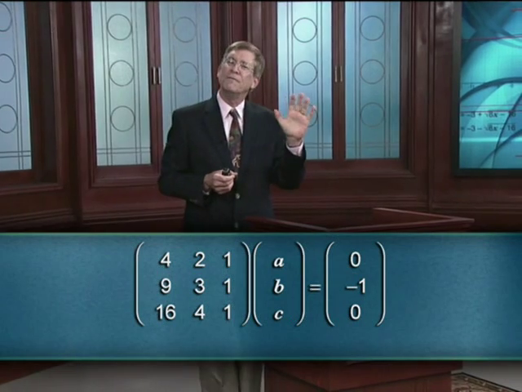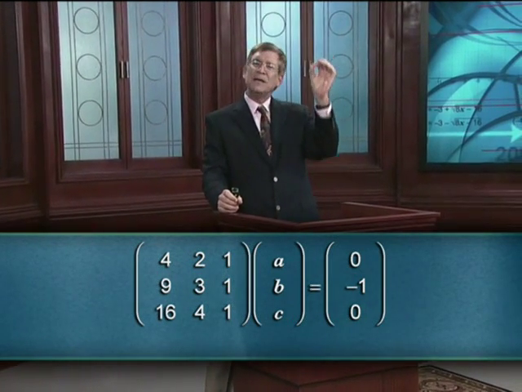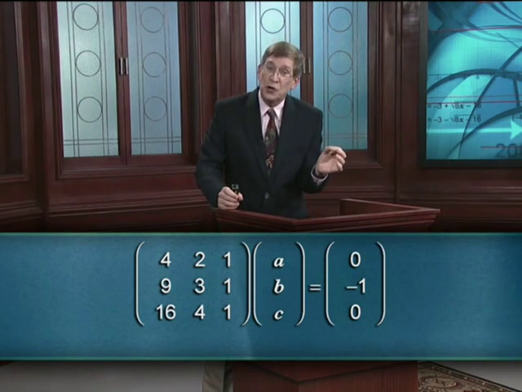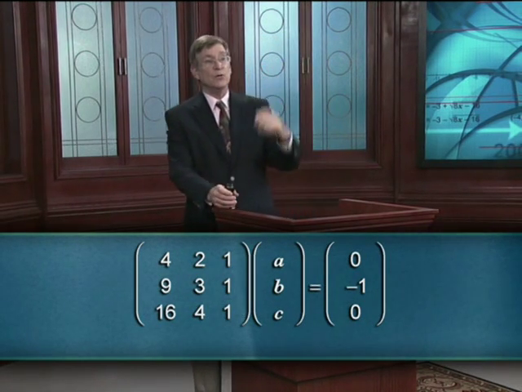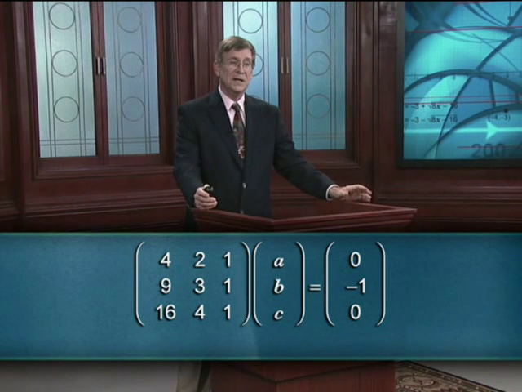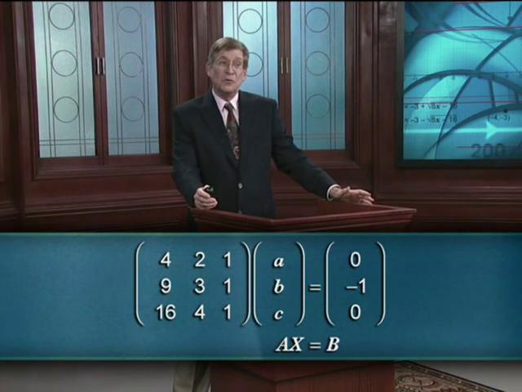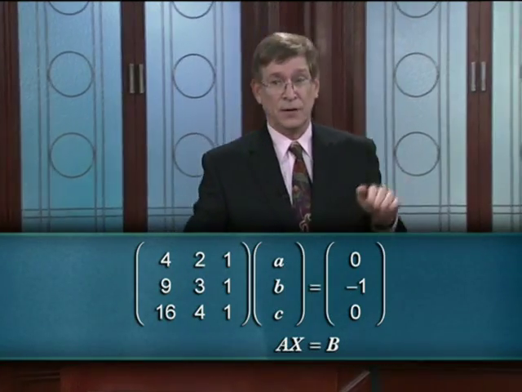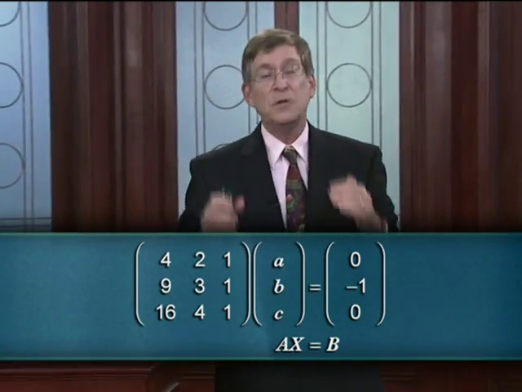Now, those are the coefficients. And then a, b, c represents the matrix of unknowns, and the right-hand side was 0, -1, 0. So the system would be AX equals B. And by the way, this is a way a lot of graphing calculators would accept the system. You then solve it by Gaussian elimination.